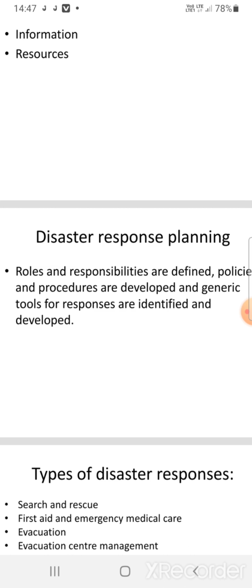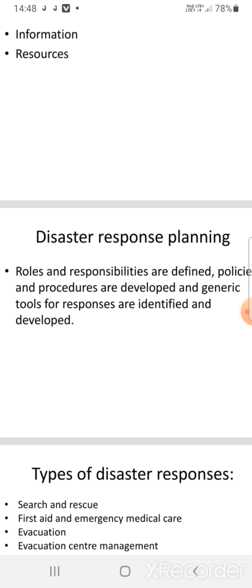In disaster response planning, people are selected and given training, and those people are entrusted with those responsibilities, to perform them during a particular disaster to avoid confusion of mass action.